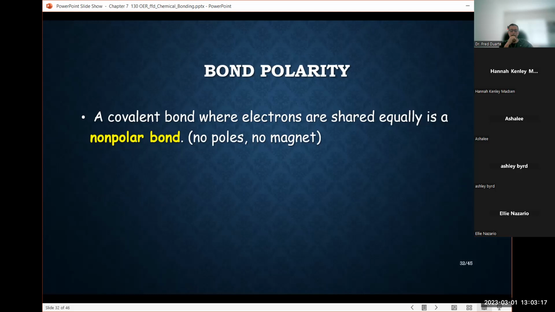With respect to ionic bonds, they have a full positive or a full negative charge. Whether it's +1, +2, +3, or -1, -2, -3, it is a full charge.